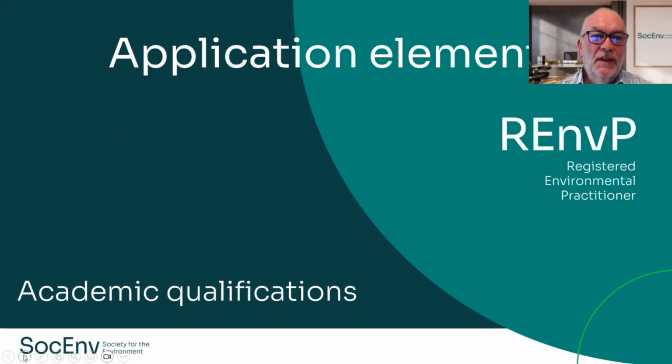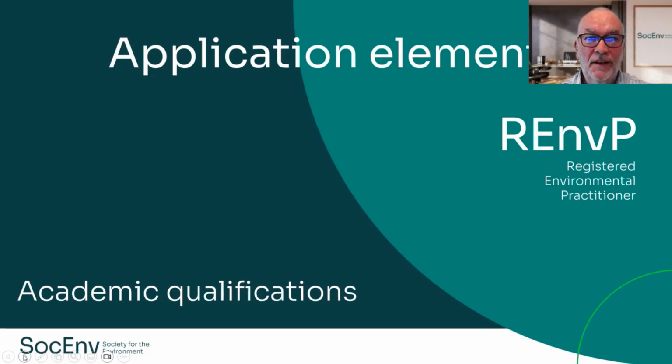So the elements of the application, as it says on the slide, application elements. So the academic qualifications. What you'll need to be able to do is to show that you've acquired a level of knowledge equivalent to RQF level 5, a qualification at level 5.